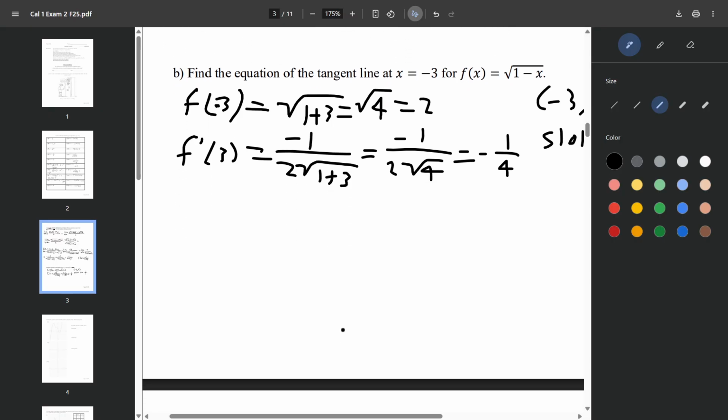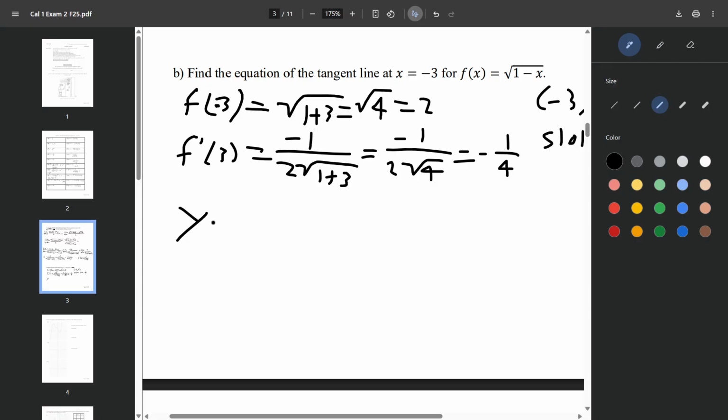So then we take our point-slope equation, y minus y1 equals m times x minus x1.